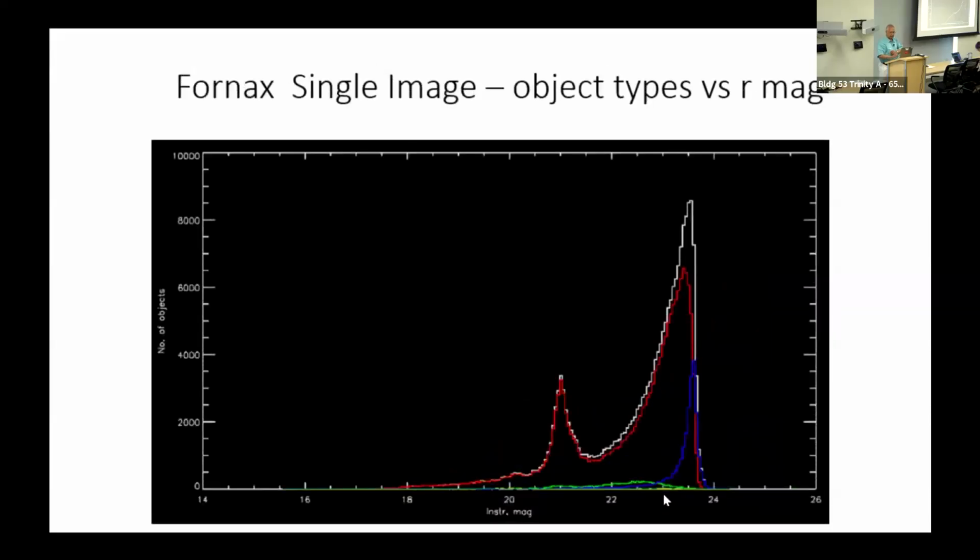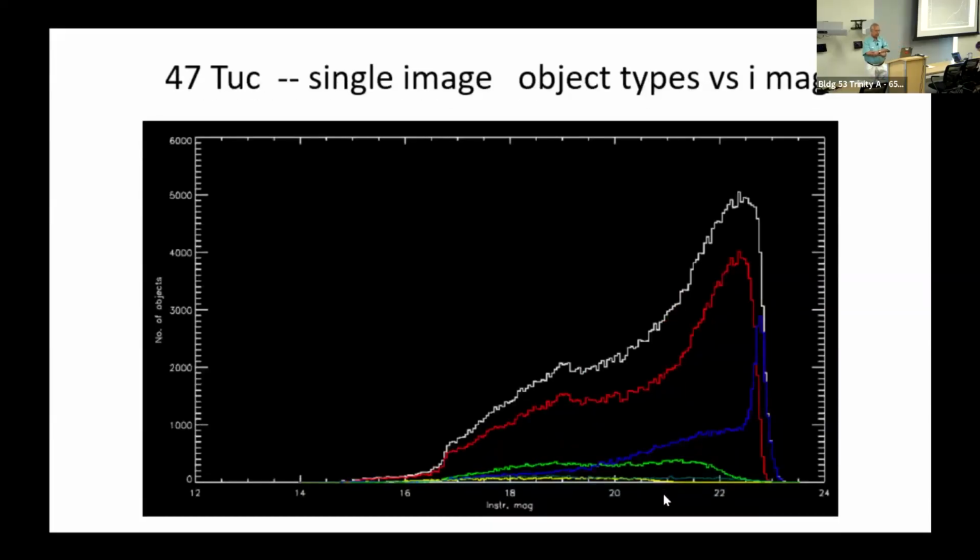That was for the Fornax image, and this is for the 47 Tuc image. So it's telling you that it's doing basically sensible things. You're getting back the expected kind of classification and the kinds of numbers that are reasonable.